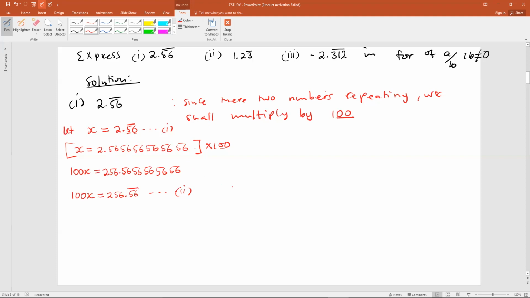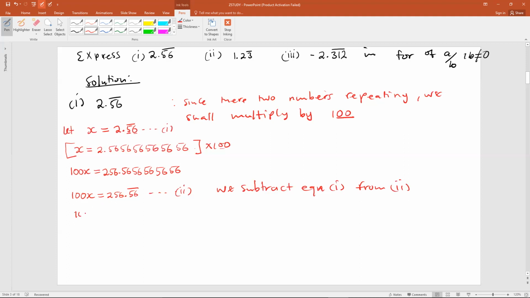Now, having done that, we shall subtract equation 1 from equation 2. So we subtract equation 1 from 2, the normal subtraction, of course.